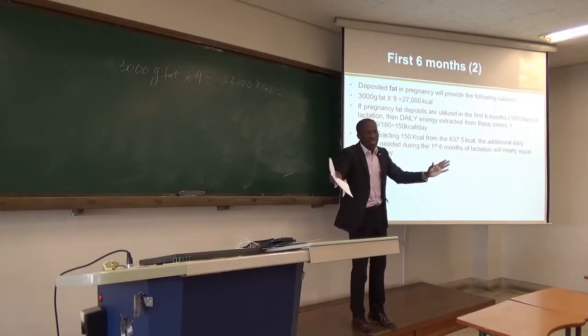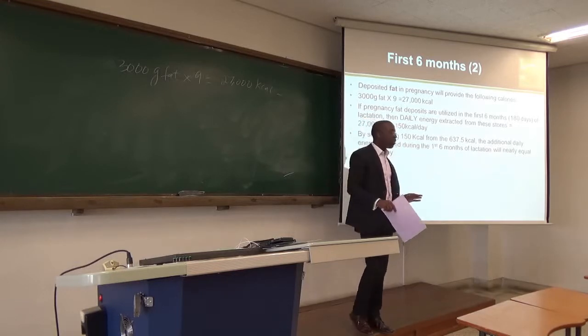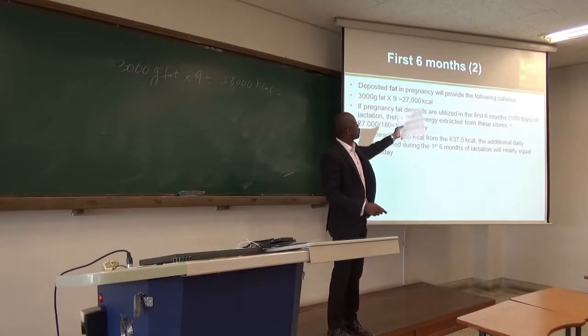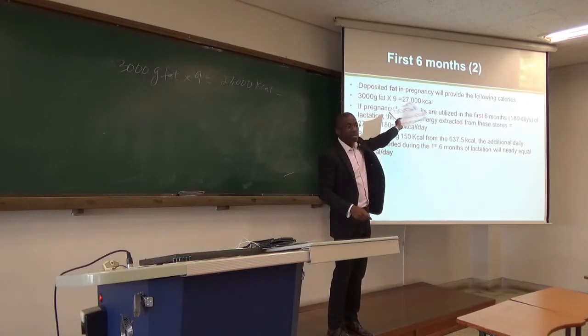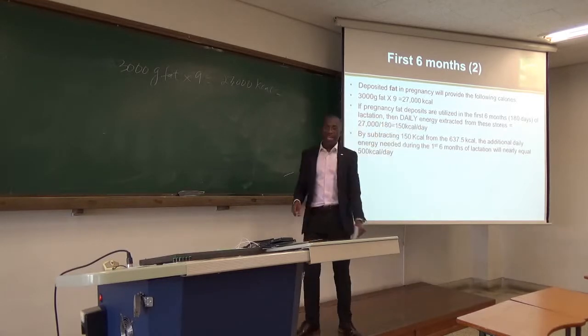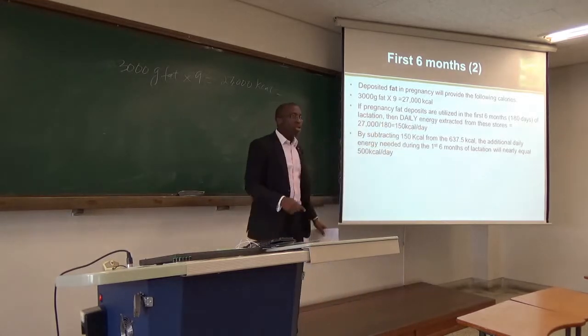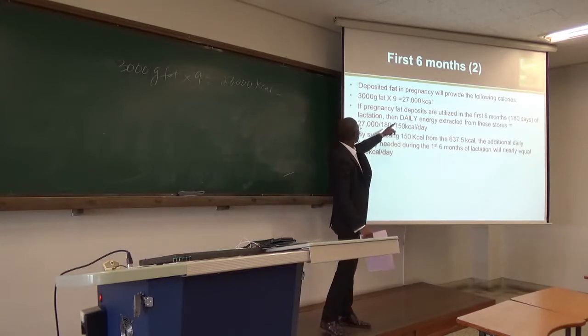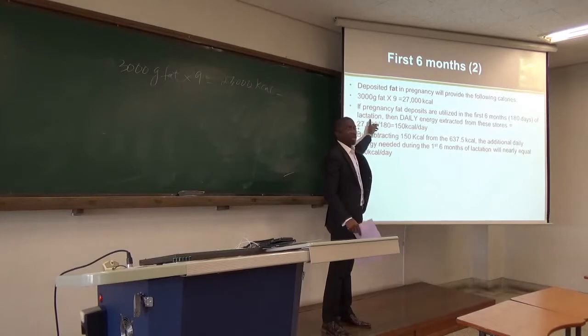Let's just say 30, let's not play smart about it. Let's just say 1 month is 30 days, and we're talking about 6 months. So how many days? 180 days. Okay? So we're going to do our calculation for 180 days of lactation.